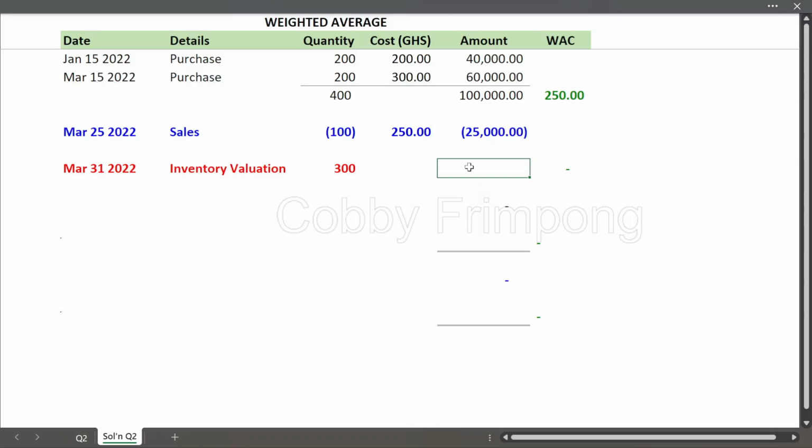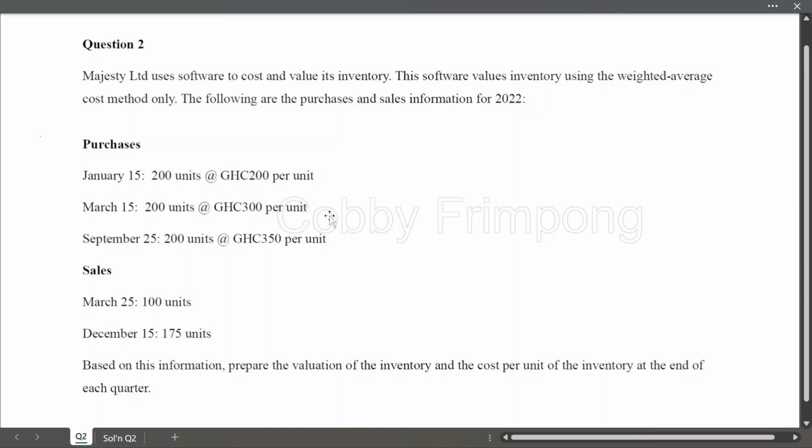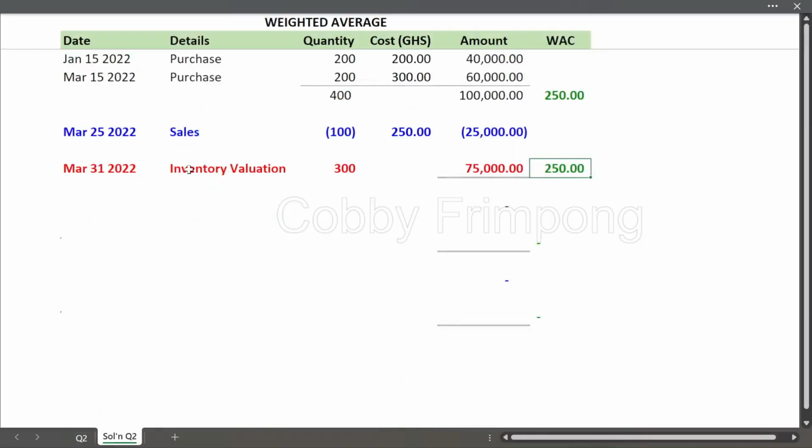We have left 75,000 Ghana cedis. Finding an average will give us 250 Ghana cedis per unit. We had no transaction in the second quarter, so that will mean that at the end of the second quarter, the value of inventory we will have to show on our balance sheet will still be 75,000.